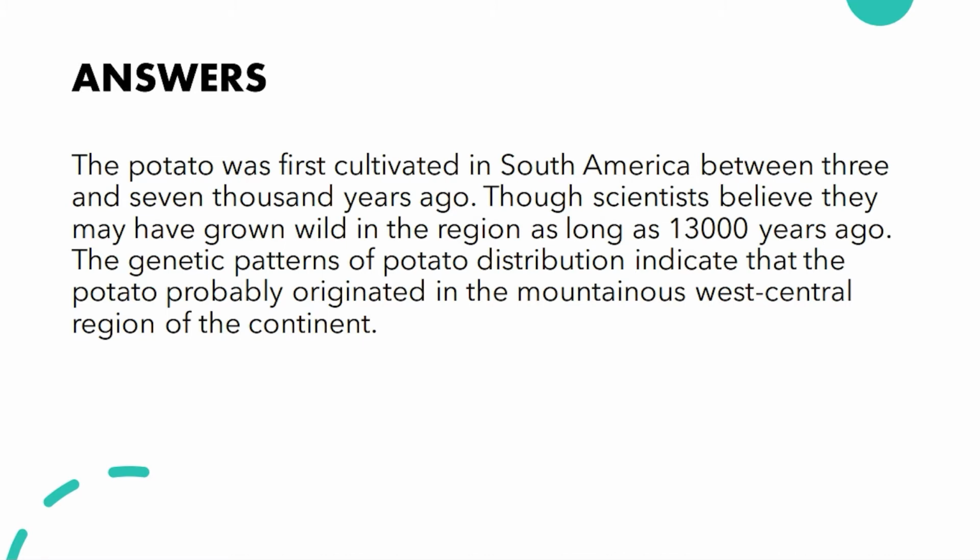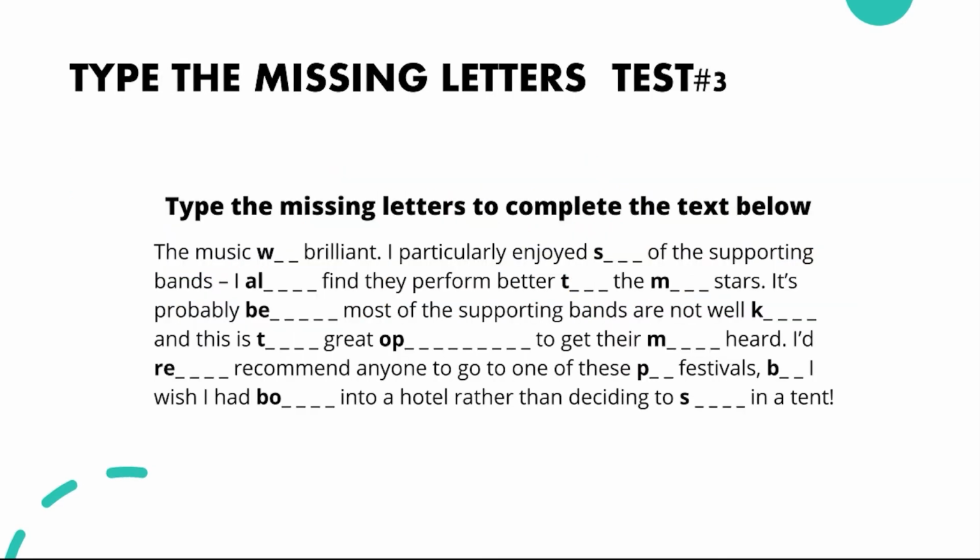The genetic patterns of potato distribution indicate that the potato probably originated in the mountainous west central region of the continent.